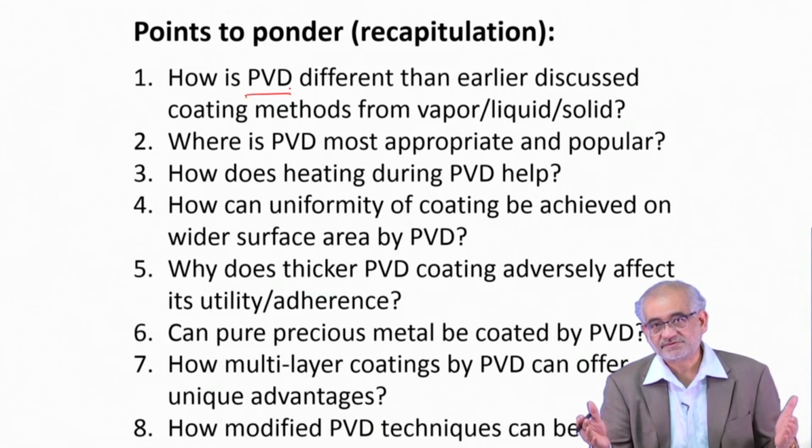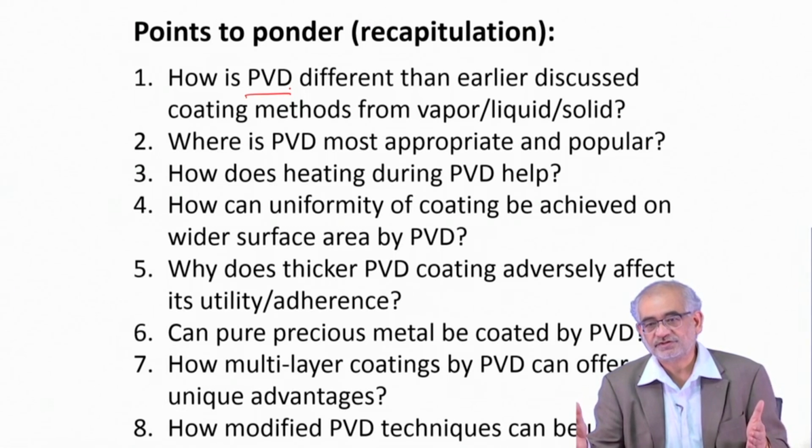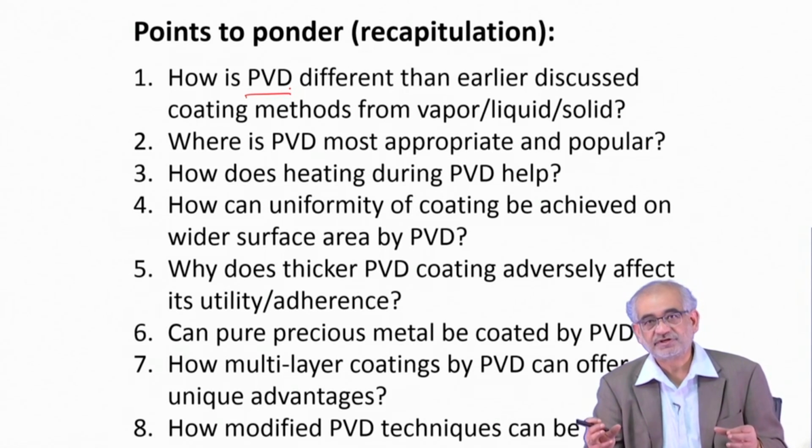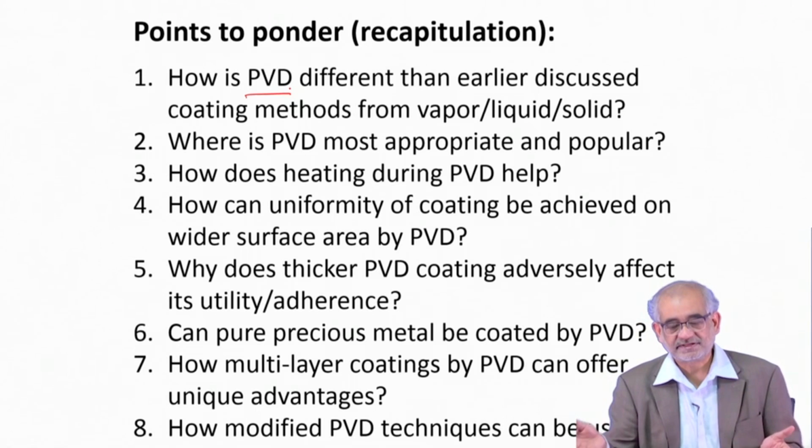If the vapor is allowed to go to the chamber surface, there also it gets deposited. But we don't want that. So we create a certain trajectory so that the component is placed on the path of the vapor, where the vapor tends to move, and that part could be a metal, it could be a silicon semiconducting material, which gets coated.